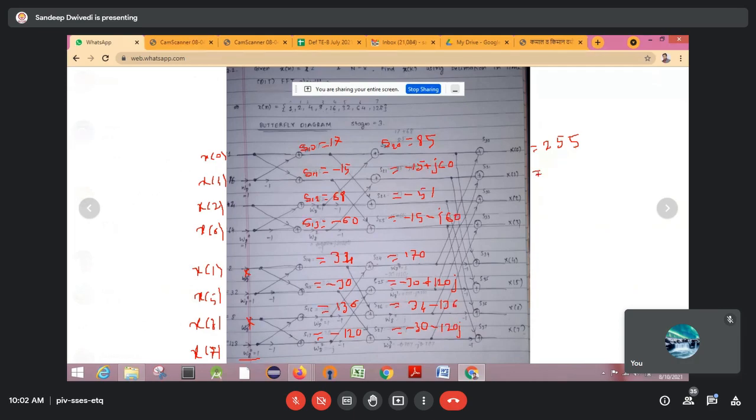So here also two inputs are there, this one, minus 15 plus j60, this is one input, and then with this arrow to here, this one. Along with the twiddle factor, the value is minus 30 plus 120j into twiddle factor, that is W suffix 8 raised to power 1.